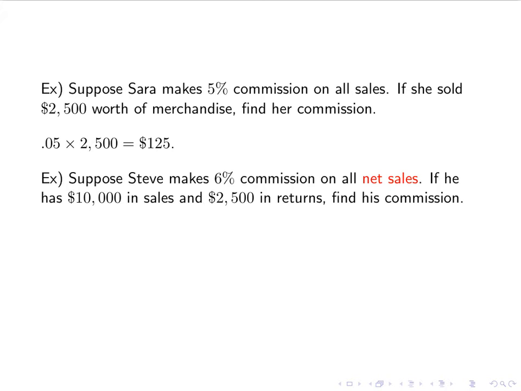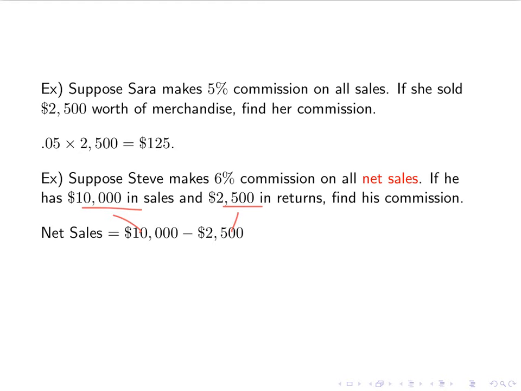Suppose Steve makes 6% commission on all net sales. If he has $10,000 in sales and $2,500 in returns, find his commission. So net sales are gross sales, which are sales before any returns, minus returns. So it's the $10,000 minus the $2,500 in returns. Make sure that you're always subtracting the returns from the sales.